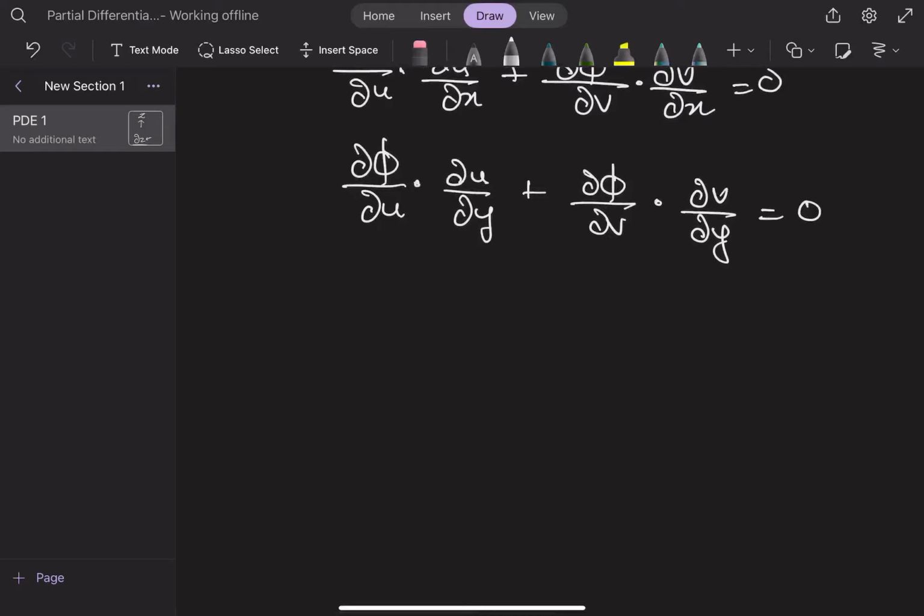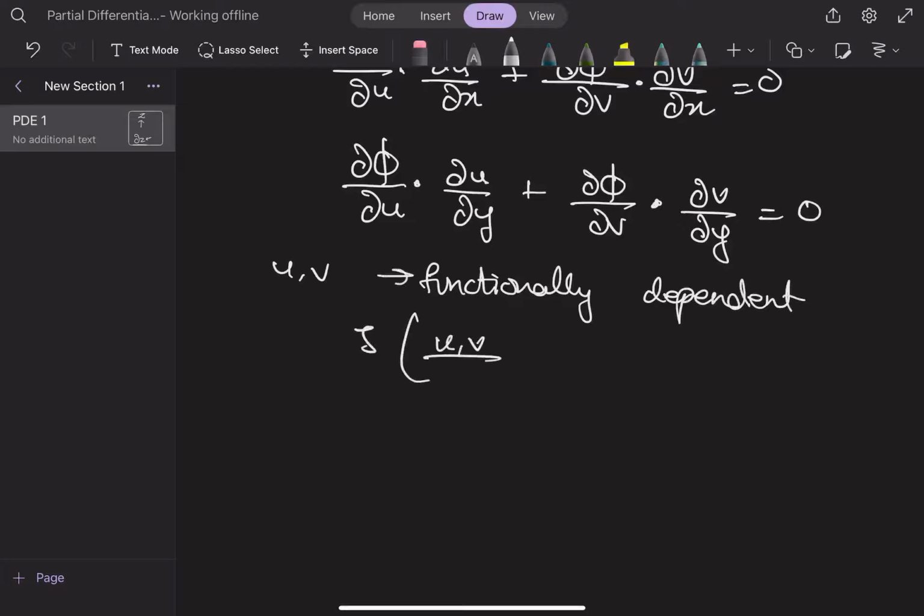So you guys might have studied Jacobian. So u and v are always functionally dependent, which means Jacobian of uv by xy is equal to 0.